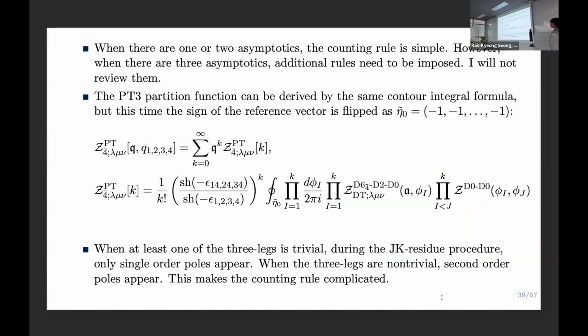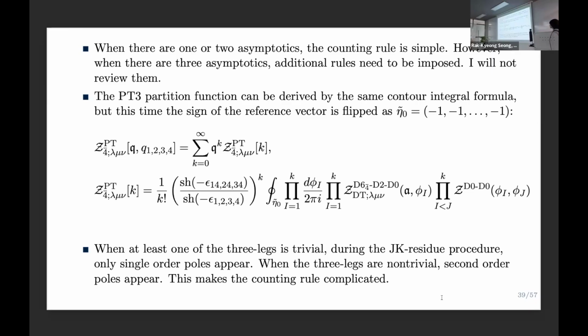And an observation is that this PT3 partition function can be derived from the same contour integral formula, but the reference vector will be the opposite, -1, -1, -1. So you have the same contour integrand here, but the way you specify the contour integral will be different.